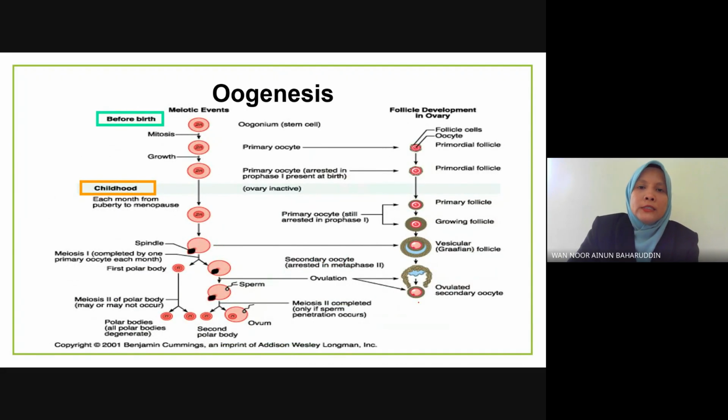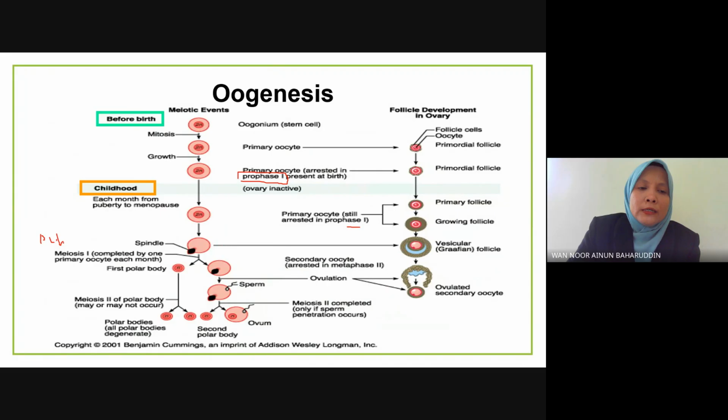These are the phases of life before birth: the oogonium develops from mitosis, and they grow until childhood, arrested at prophase 1 at birth, and they are still there until the onset of puberty.